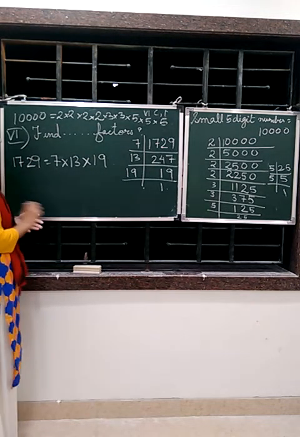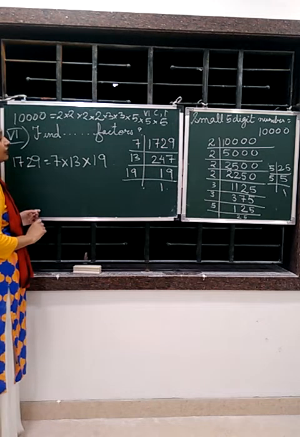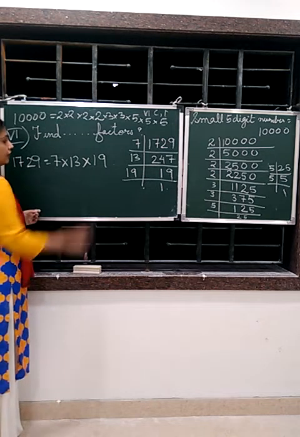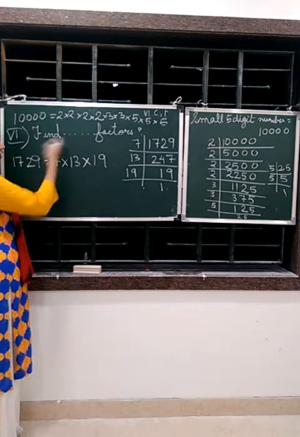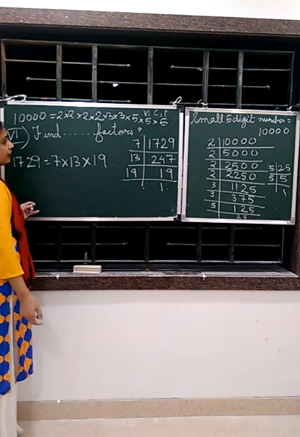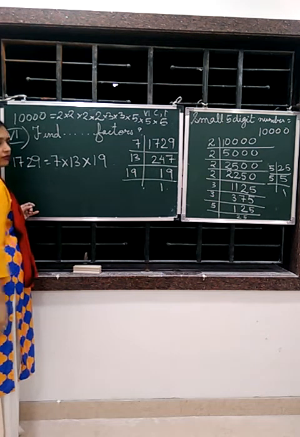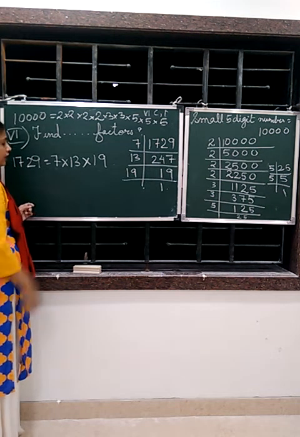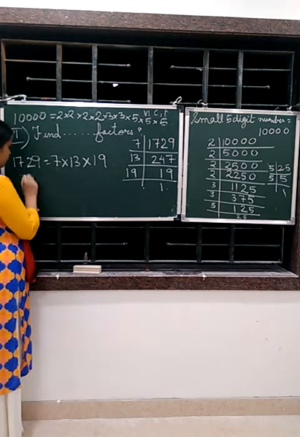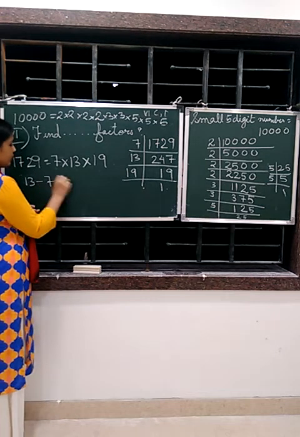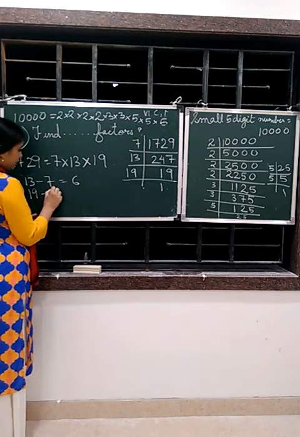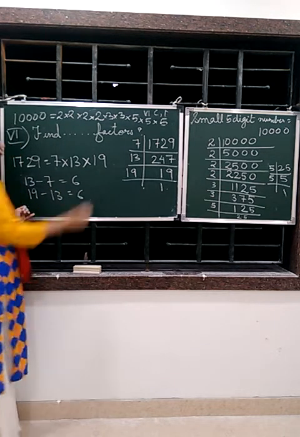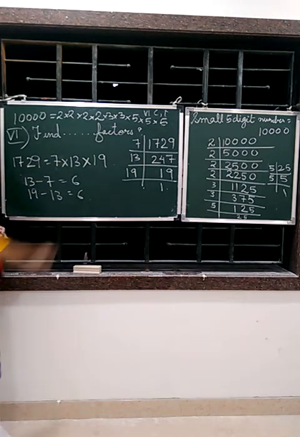Okay. Now we have to state the relationship between these. 19 minus 13 is also 6. So what is the relation between the prime numbers?